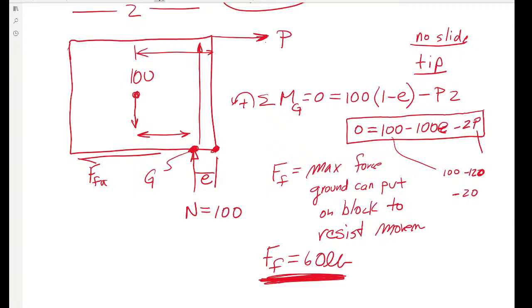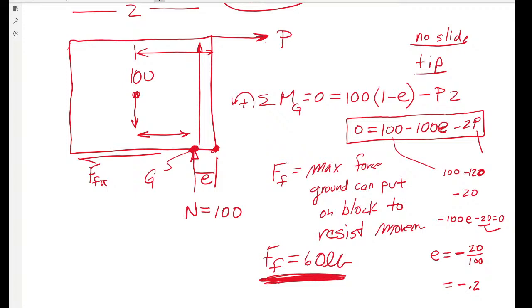So now my equation becomes minus 100e, and I'm trying to draw slow, minus 20 equals 0. So I move the minus 20 over, it becomes plus, and I end up with e being minus 20 over 100, equaling minus 0.2.